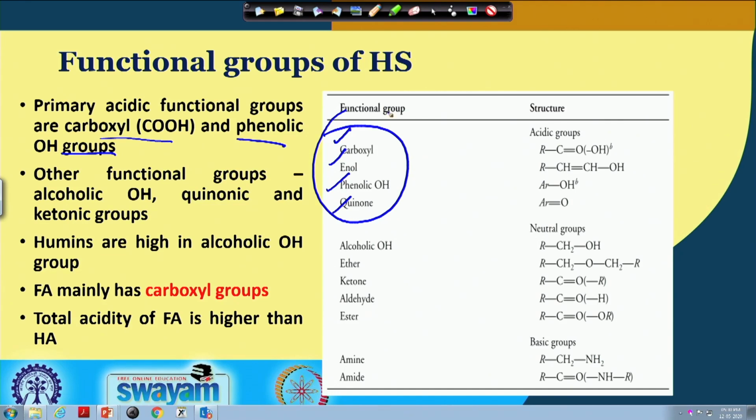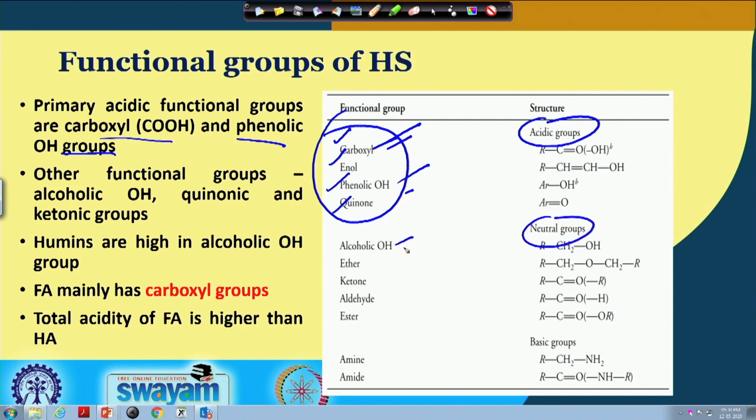Fulvic acid mainly consists of this carboxyl group, and as a result they produce more exchange acidity, and total acidity of fulvic acid is higher than that of humic acid. We have already discussed this. So, we can see that among the acidic groups, carboxylic groups, phenolic OH groups, enol groups and these quinone groups are major groups.